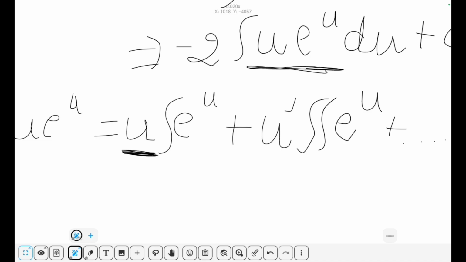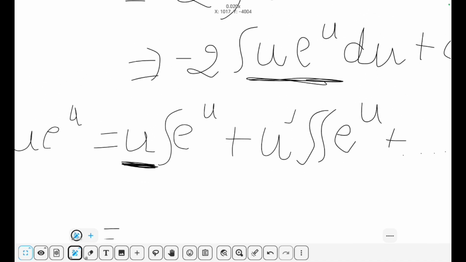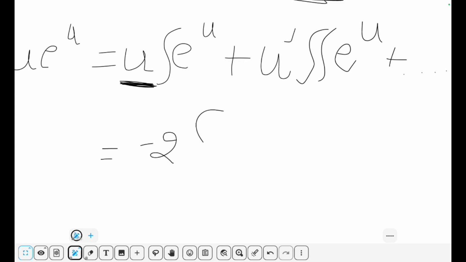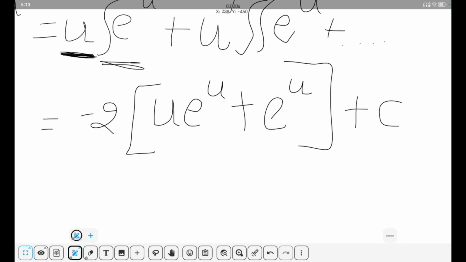So here we take u, because the derivative of u becomes 1. So minus 2 times: u into the integral of e^u, that is e^u, plus the differentiation of u, which is 1, into the double integral of e^u. The integral of e^u is e^u itself, and if you integrate again, it will be the same. So plus c.